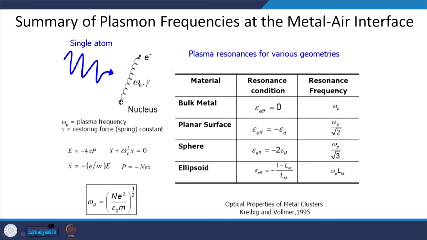So, if we summarize this omega p terms for plasmons, we can see that for a sphere it comes to be like this, and for an ellipsoid it is like this.